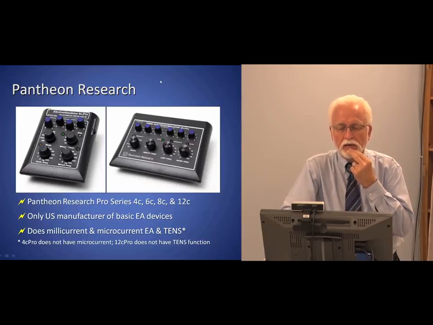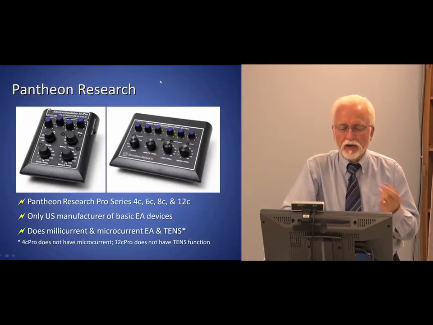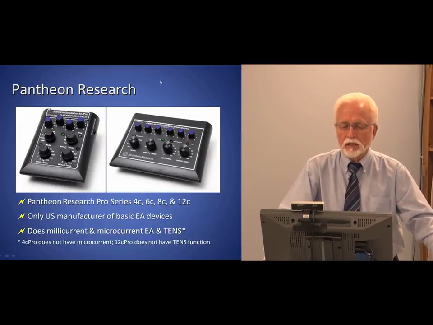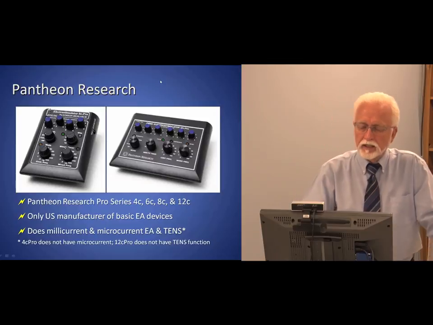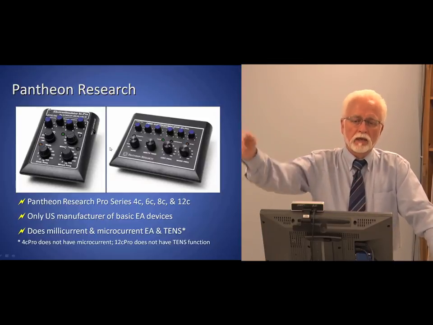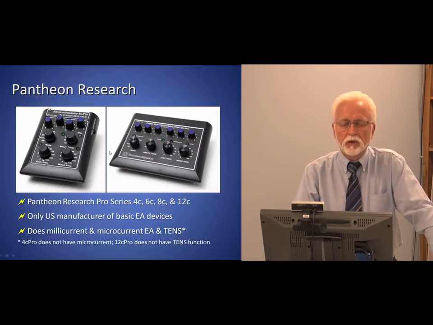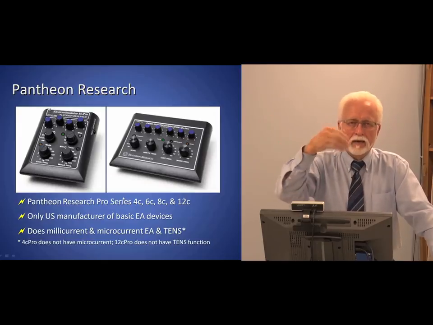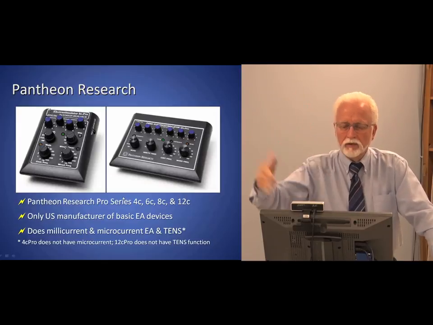They have 4 different electroacupuncture devices that they make. In the Pro series, it's the 4C Pro, 6C, 8C, and 12C. And they each add features, and they go up a little bit in cost with each level. I think the 4C Pro is around $350, and then as you go up, it bumps up in $50 or $100 increments.